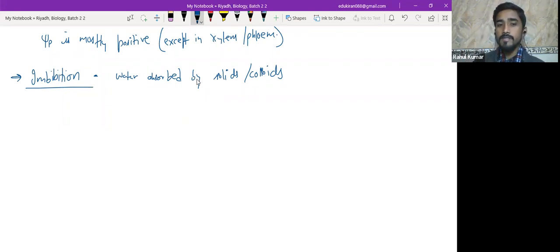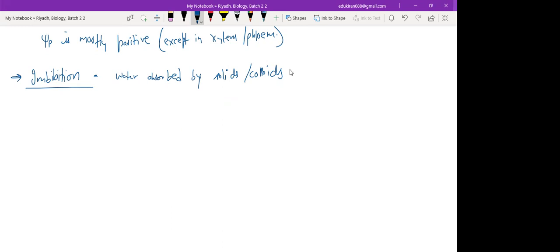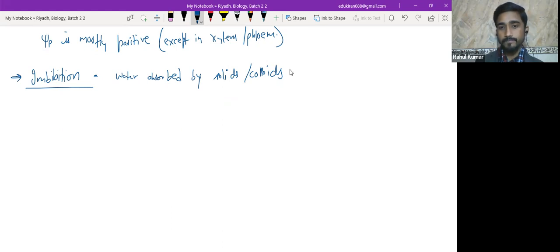So when water is absorbed by either solids or colloids, what have you written? Anyone? Please, can you just repeat what I asked you to write? A special case of diffusion of water when it is absorbed by solids or colloids, leading to increase in its volume.